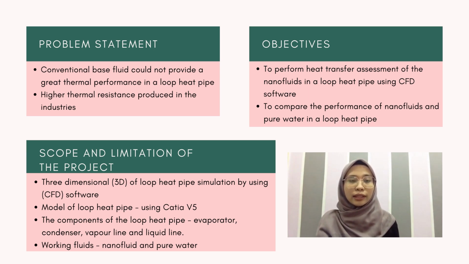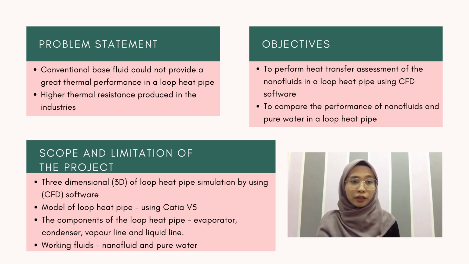In the previous study, the experimental result indicates the lowest total thermal resistance and better thermal enhancement rate when using nanofluid than using pure water. A lot of studies have used nanofluid as a working fluid in a loop heat pipe instead of pure water, because the nanofluid provides higher thermal conductivity and lowest thermal resistance in a loop heat pipe.